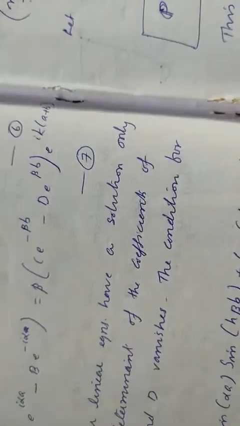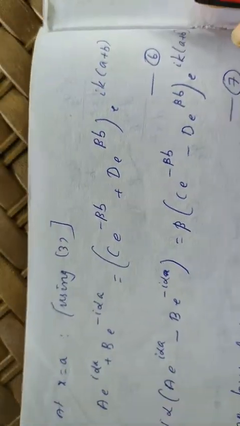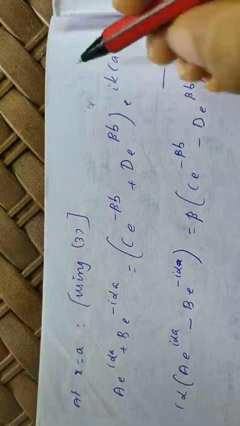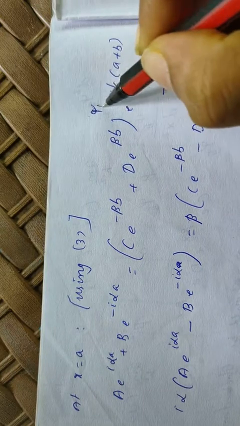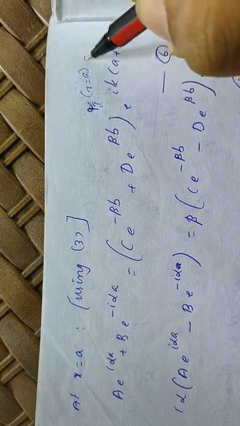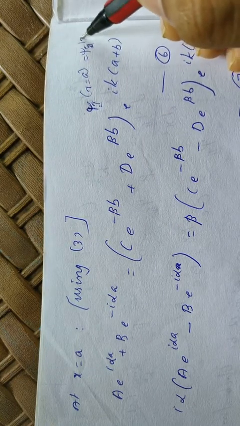At x is equal to a, this is the condition: psi 1 of x at a is equal to psi 2 at x is equal to a.